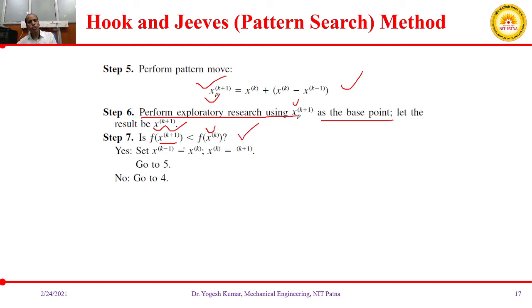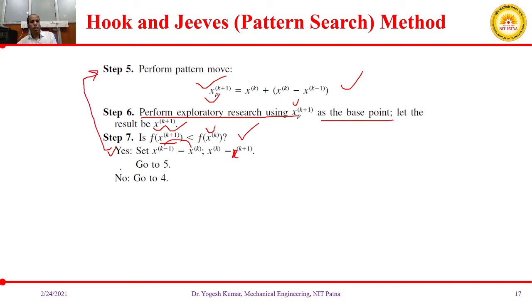Once this condition is satisfied, you will reassign these values: x k will be assigned to x k minus 1, and in x k the value assigned will be x k plus 1. That is, the current base point will become your previous base point in order to perform your step number 5.